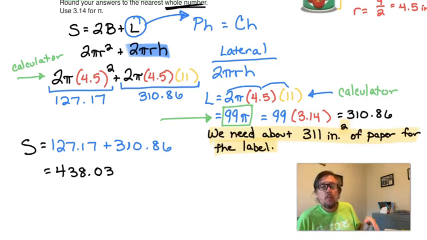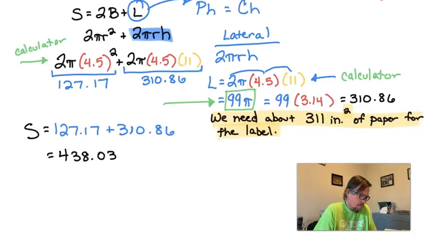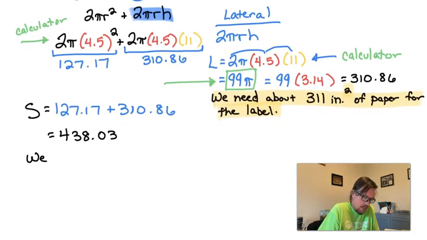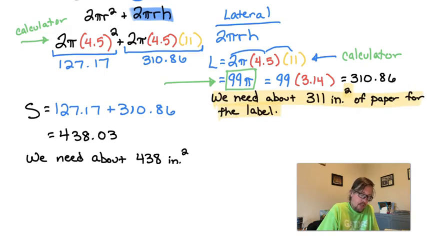Again, the problem said round to the nearest whole number. So we need about 438, still in inches, and it's still area, so still square inches, of metal to make the can.